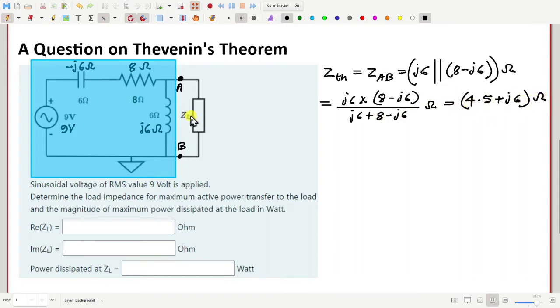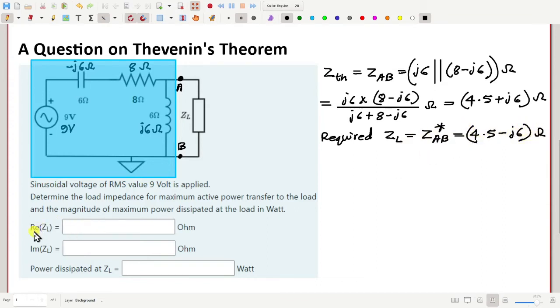Now, for which value of ZL will the power consumed in ZL be maximum? The required value of ZL should be equal to the complex conjugate of the impedance between A and B, that is ZAB star. This comes from the maximum power transfer theorem, and so this should be equal to 4.5 minus J6 ohm.